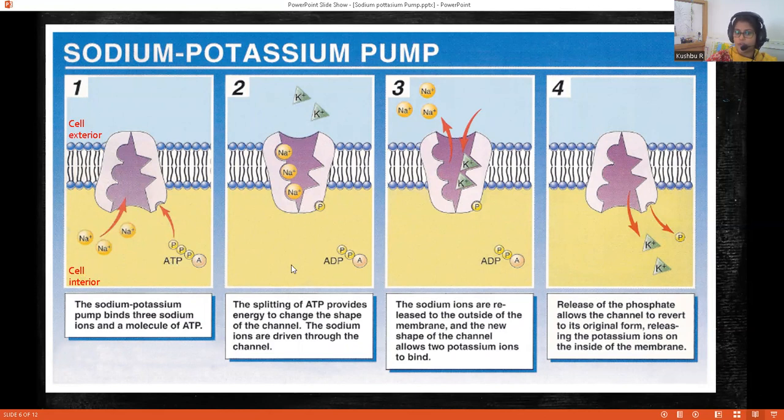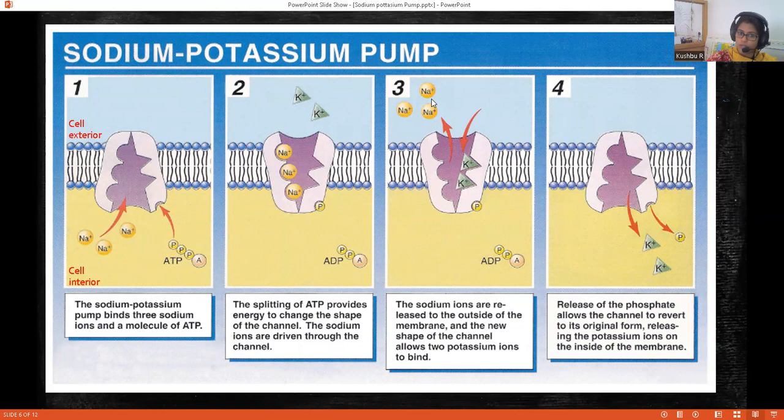Under the influence of your ATPase enzyme, ATP will be converted to ADP, that is adenosine with diphosphate. And then the inorganic phosphate that is formed will attach to the ATP binding site, causing a conformational change in the membrane. So the conformation changes from this to this, so that the sodium ions will be liberated out of the cell.